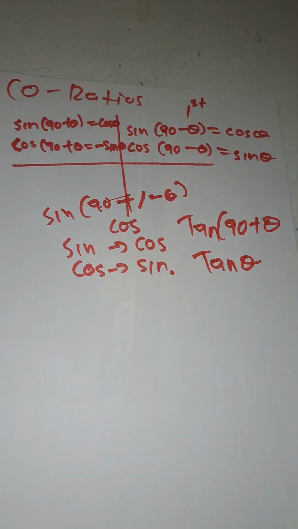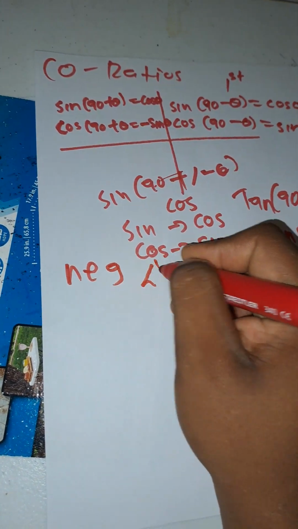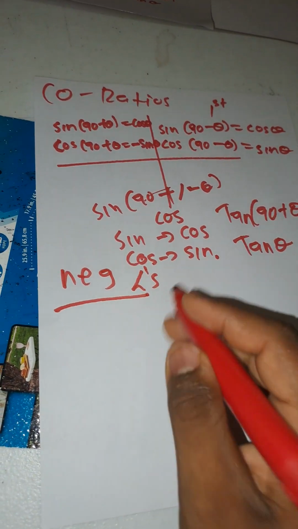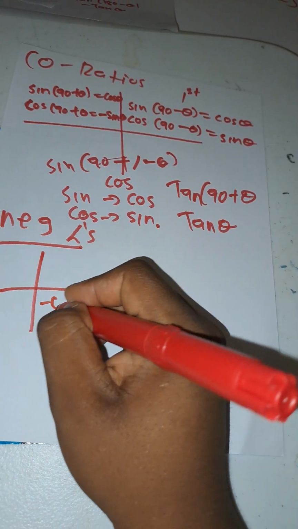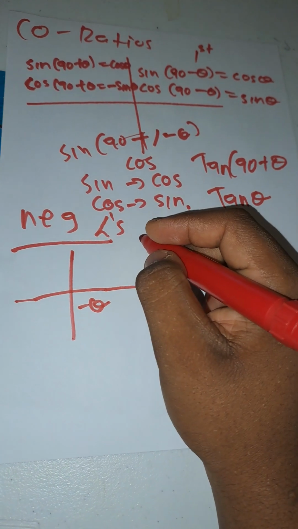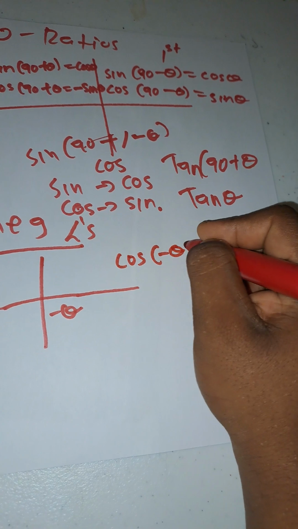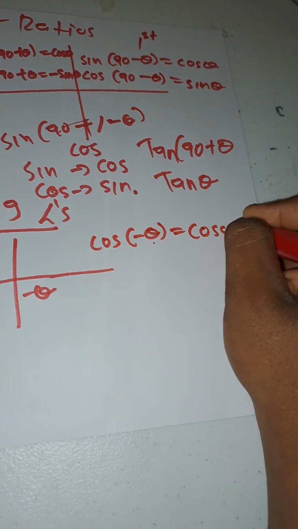Let's go to the negative angles. I simplify my maths. Okay, so for negative angles, we have something like this, whereby this is your negative theta. The first thing that you must know is that cos negative theta is positive cos theta.